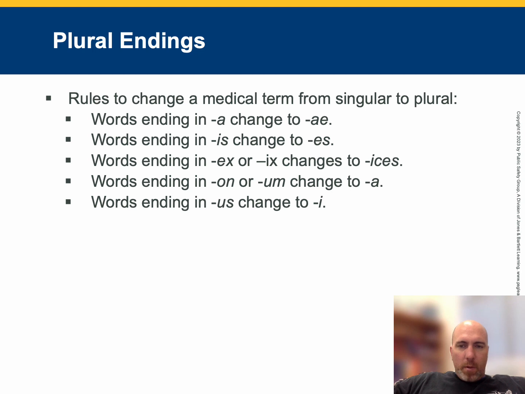Plural endings are the rules to change a medical term from singular to plural. In most cases, add an -s to a singular word. Some words ending in a are changed to ae, and some ending in is are changed to es. So it's just different ways to add plural to a singular word.